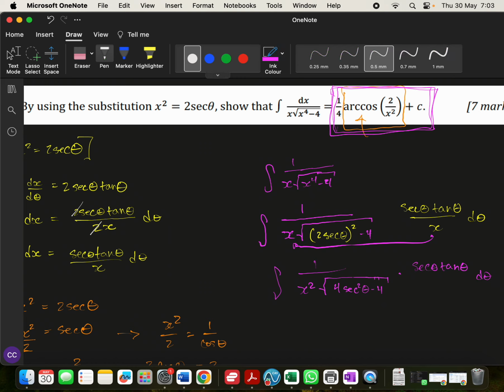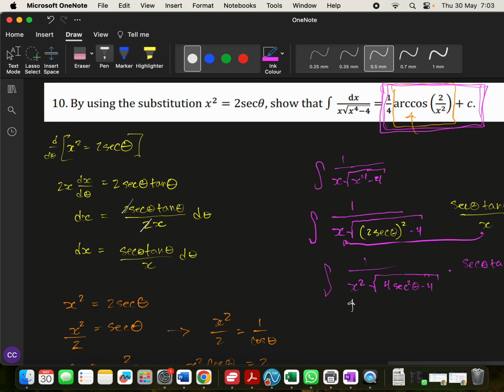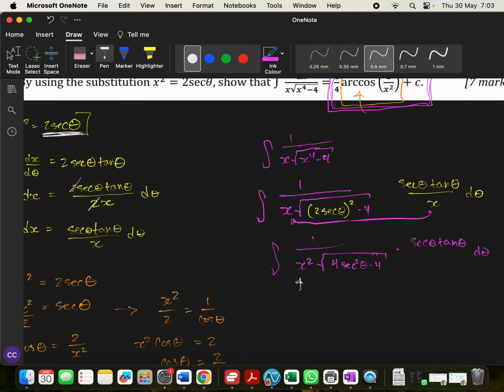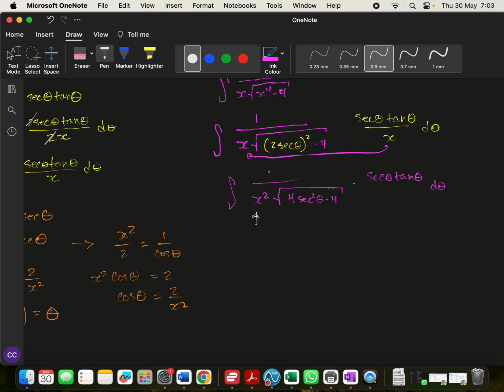Now, occasionally this is going to happen to us, but now I'm back to x squared, and we've already defined x squared as 2 secant theta. So I'm going to do some more substitutions here, and I'll be left with 1 over 2 secant theta times the square root, and I'm going to go ahead and factor out that 4. Secant squared theta minus 1, and that's times secant theta tangent theta d theta.